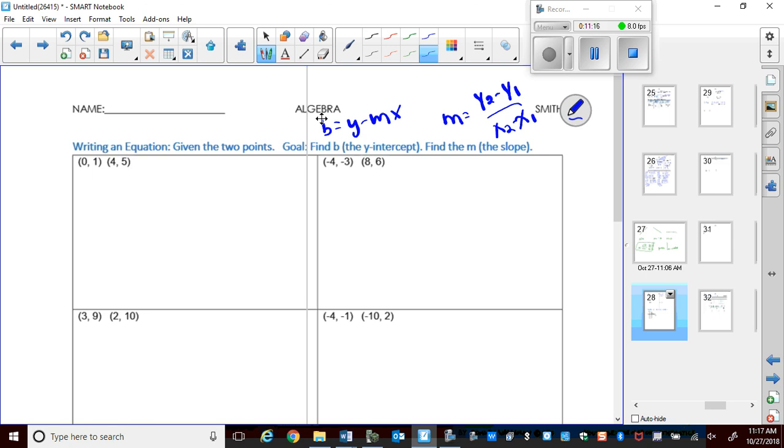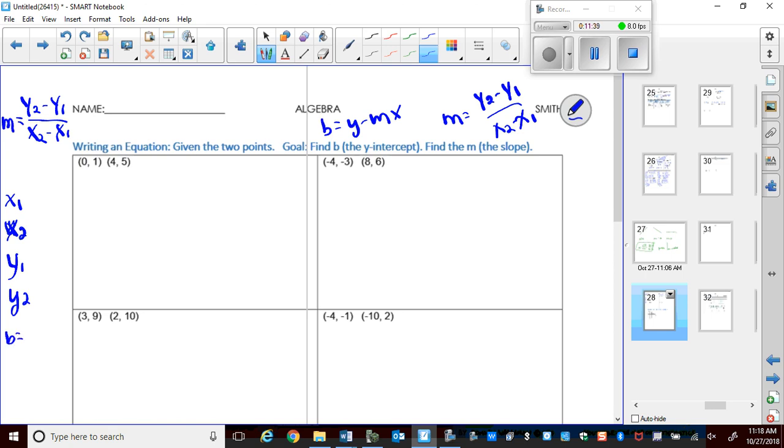So we're going to create our box, and we're going to say m equals y2 minus y1 divided by x2 minus x1. And then we're going to label our points x1, x2, y1, y2, to make this easier.